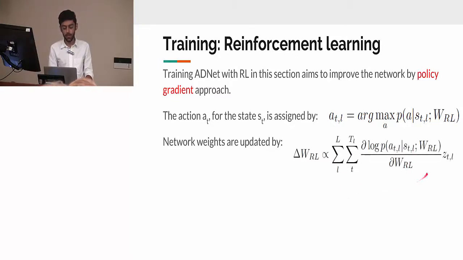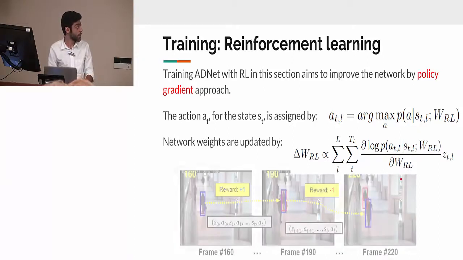And this is how we update the weights based on the gradient descent. This is the reward function. Based on the action that we take, which is the highest likely action, we get a reward, and this is how we compute the gradient of the weights and update the weights.